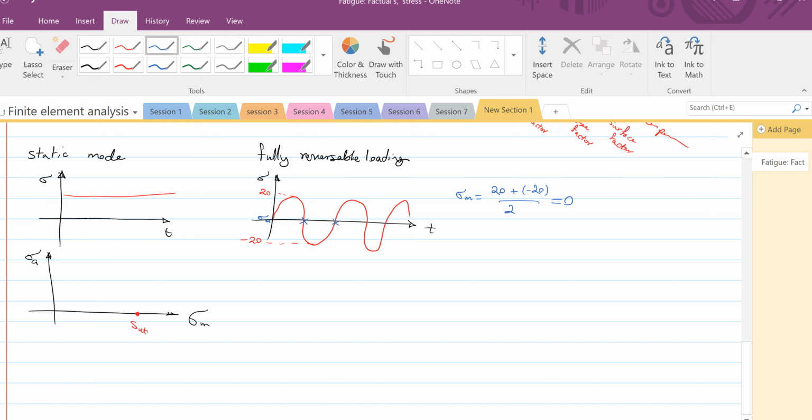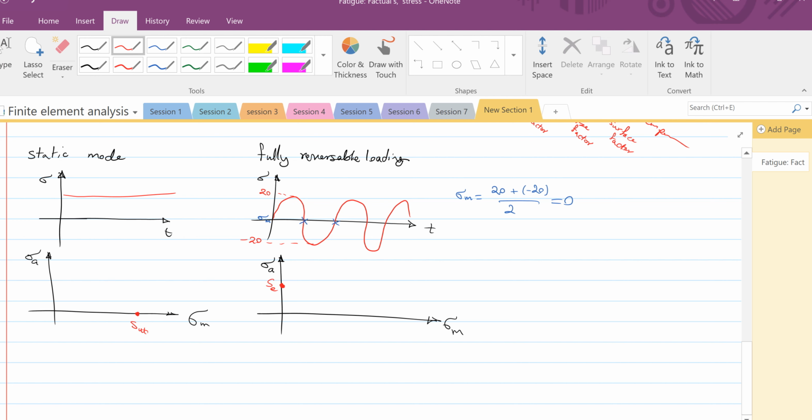So if I draw sigma A, sigma alternating stress and mid-range stress graph, it is going to be here, and it is going to fail at endurance stress.